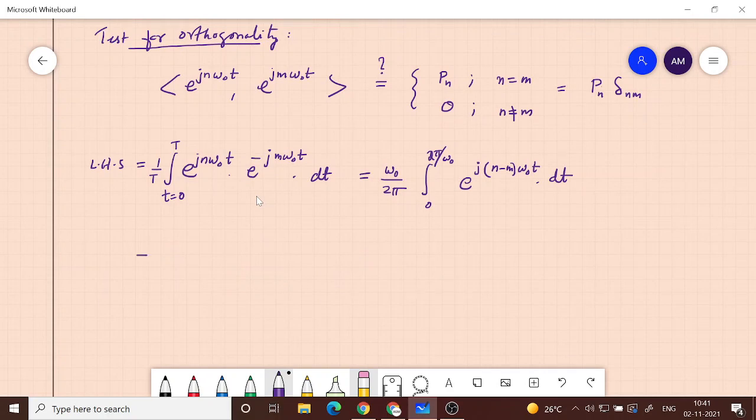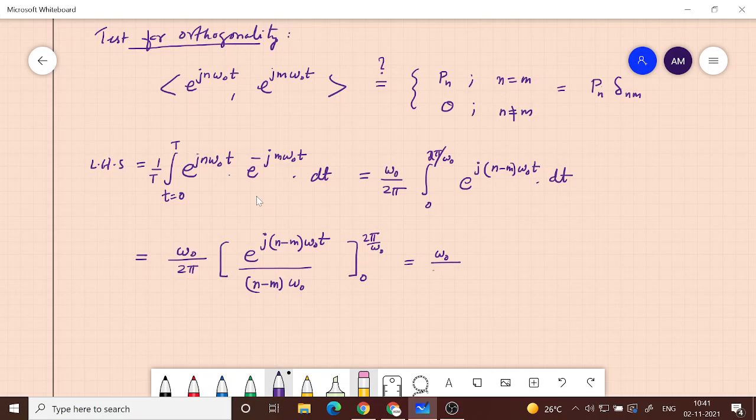So this is equal to omega naught by 2 pi. The integral of an exponential is the same function, one of the simplest integrals we can do, and this has to be divided by j n minus m omega naught, evaluated from 0 to 2 pi by omega naught.